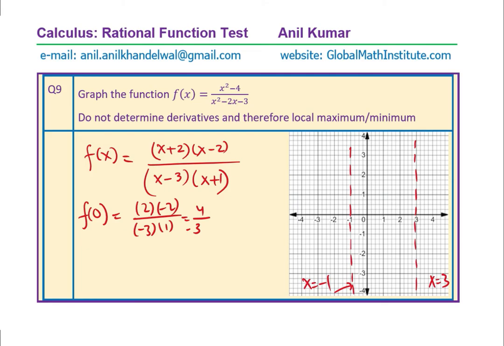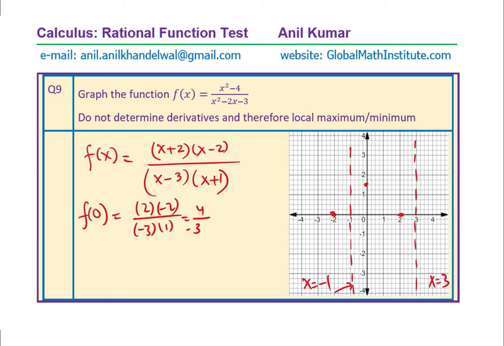So the y-intercept is slightly less, minus 4 over 3 it is. So, okay, let's say this much. Now we can find the x-intercept, that is where the numerator is 0. The numerator is 0 at plus and minus 2. So at plus and minus 2, we have x-intercepts. You see that. And that clearly defines our graph.